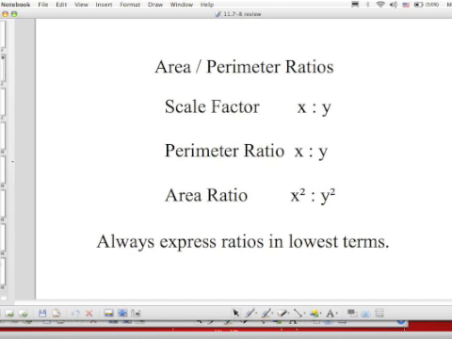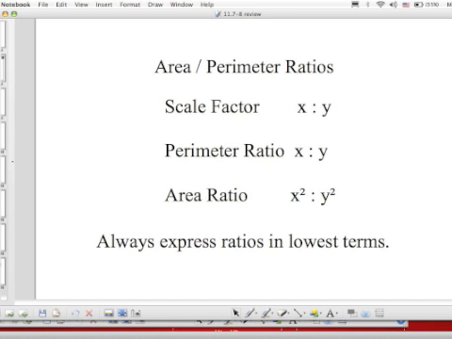11-7 dealt with area and perimeter ratios. Remember that a scale factor is comparing two similar objects, and when you are comparing them, you need to compare corresponding parts. If you were talking about circles, you would compare radius to radius, or diameter to diameter.